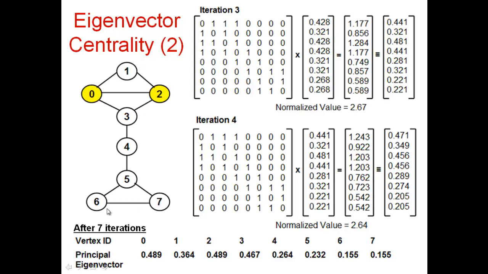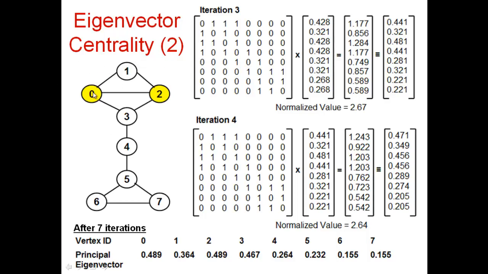And not only that, 0 and 2 have larger eigenvector centrality. So the degree of the neighbors is captured, and as part of it, the eigenvector centrality of the neighbors is also implicitly captured.